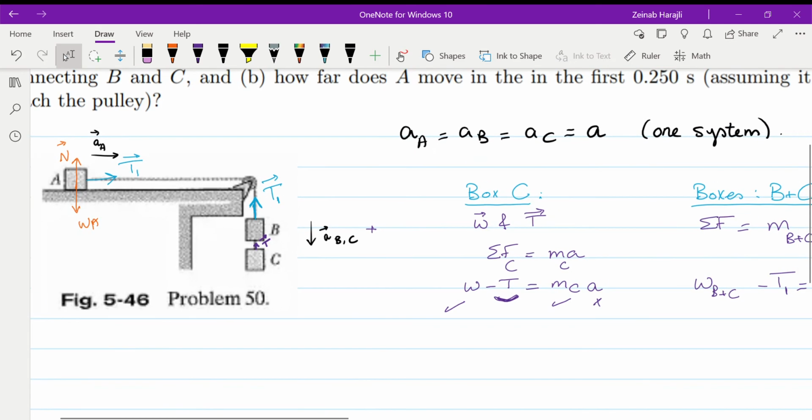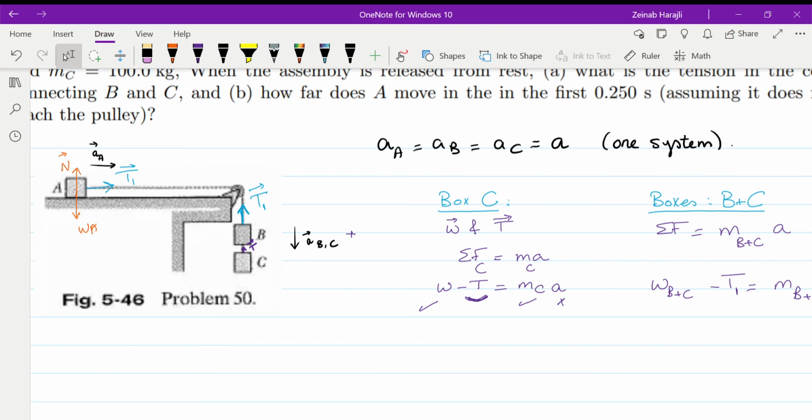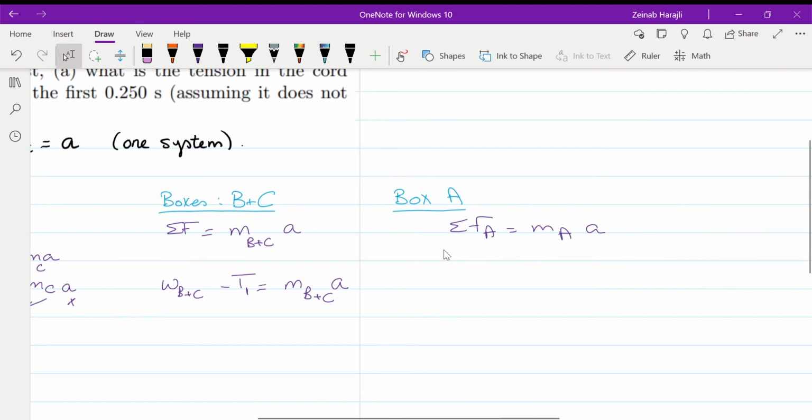I'm going to take the horizontal direction because what I'm interested in finding is this tension T1, which is a horizontal force. So we will have T1 only along the horizontal direction. We do not have any friction because we are told that the surface is frictionless.